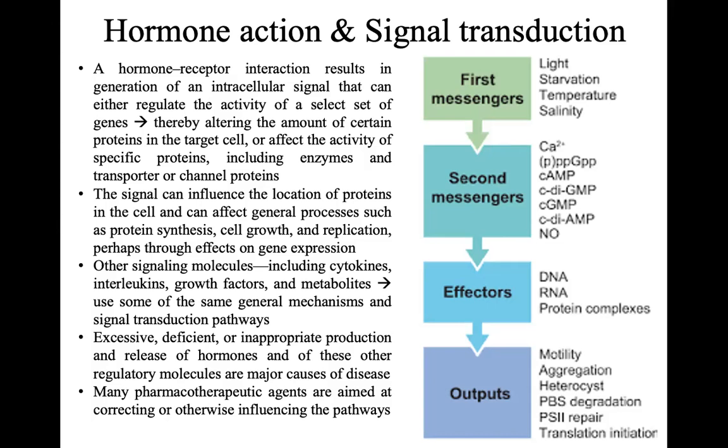Of course, the hormone is not the only player. You need help from other supporting players, such as the signaling molecules. This might include the cytokines. We have thousands of different cytokines, interleukins, IL in short, growth factors, GF, and also some of these metabolites.